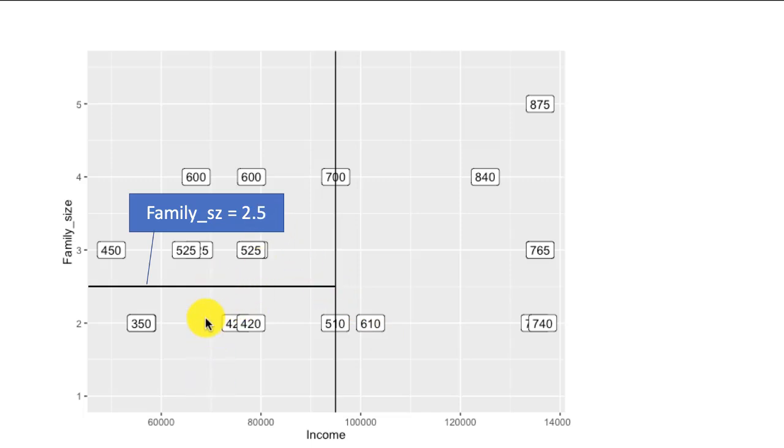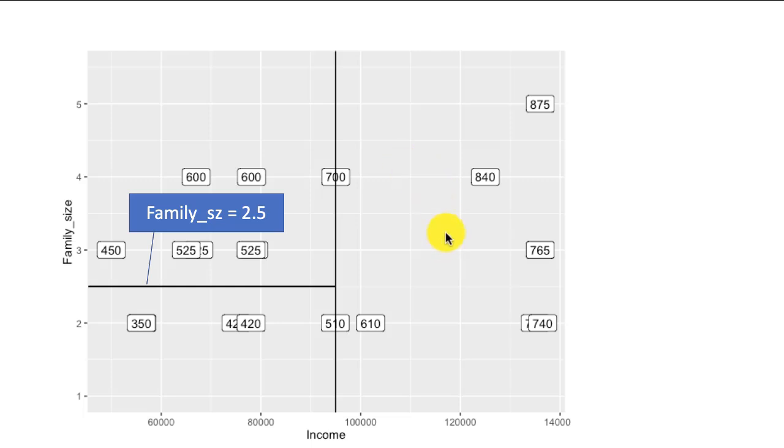So here are all the cases where family size is less than 2.5 and income is less than 94,950. And here are all the cases on top for which family size is greater than 2.5 and income is less than 94,950. And here, of course, are the cases where the income is greater than 94,950.